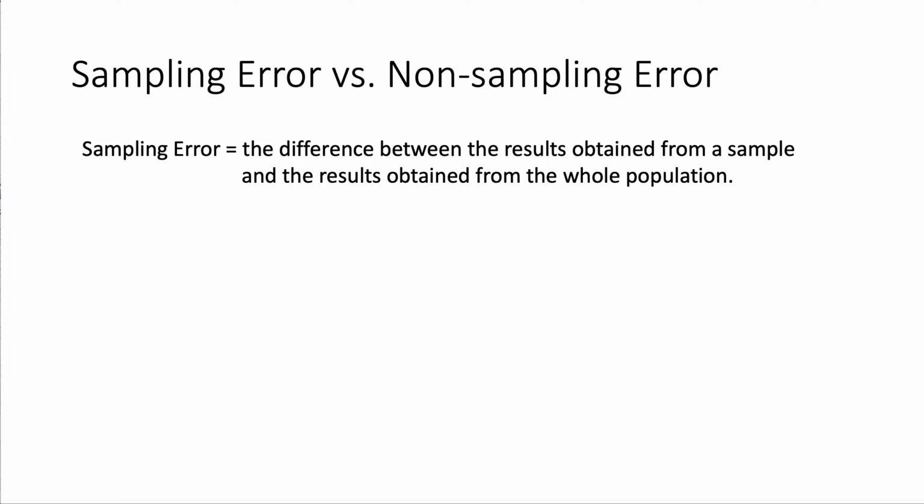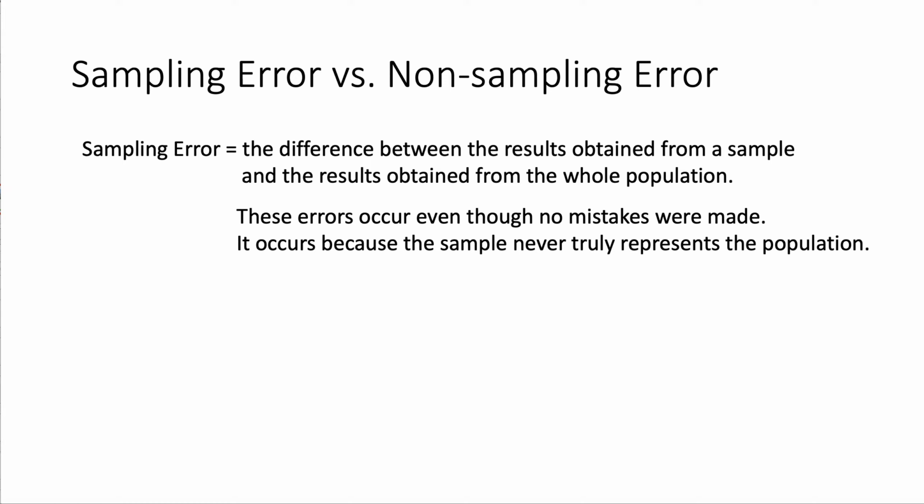The difference between the results of the sample and the results if you took the whole population. Now this isn't really an error the way we might normally think of the word error. It's not a mistake. It's just the fact of reality that our sample and the whole population are not going to be exactly the same.